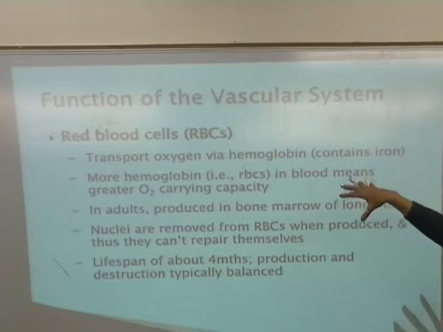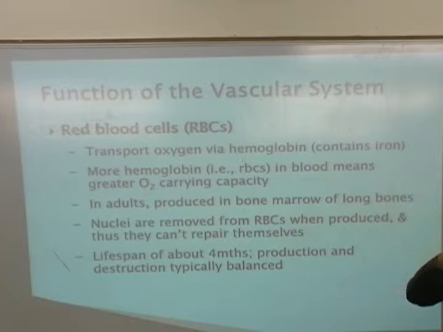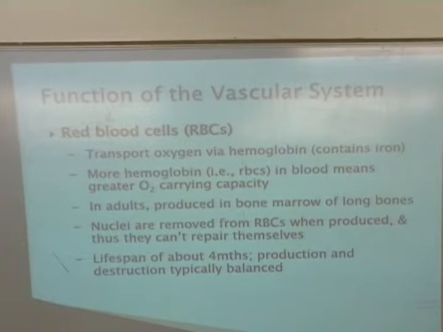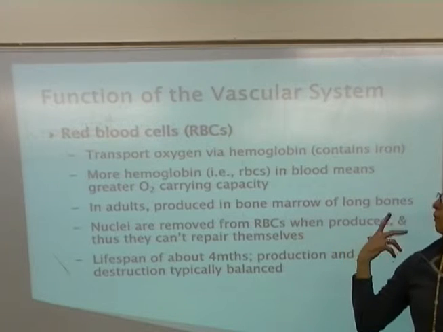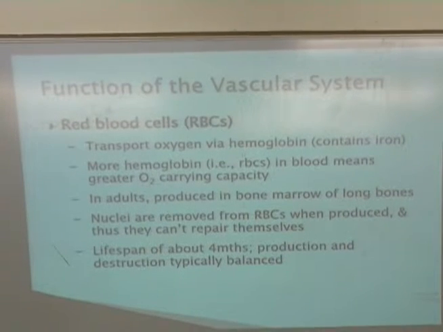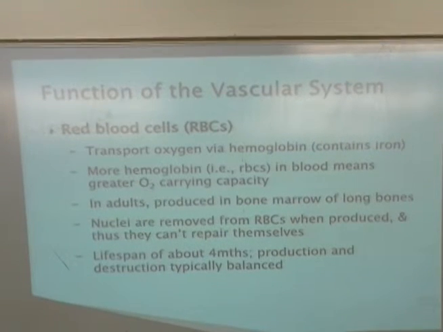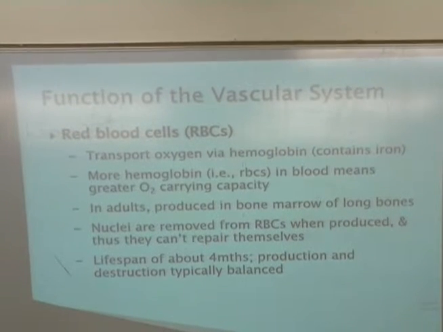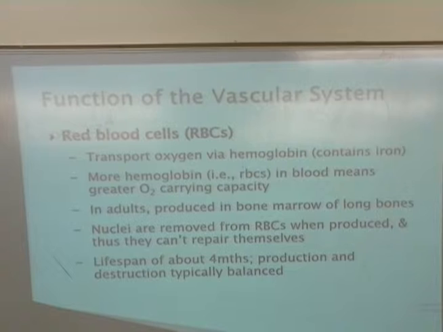So quick discussion on red blood cells. Again, hopefully this is review, and you did this in AMP. Red blood cells are responsible for moving oxygen around the bloodstream, and the oxygen sits on a molecule called hemoglobin within a red blood cell, and hemoglobin contains iron.